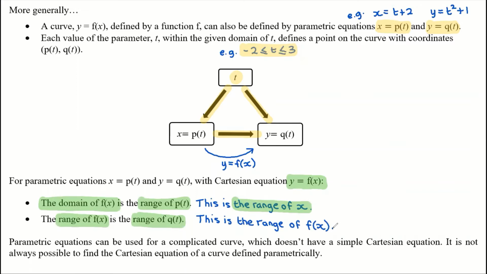Okay? Or actually, it already states that, doesn't it? My mistake. The range of y. My apologies. Okay, so all those three things mean exactly the same thing. So this is the range of y.